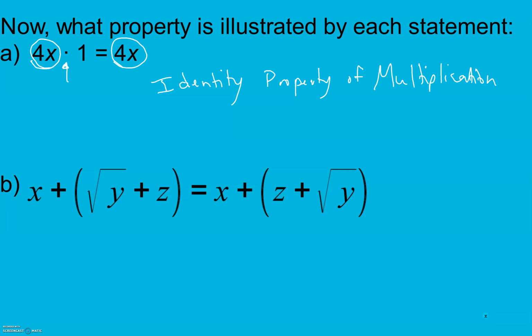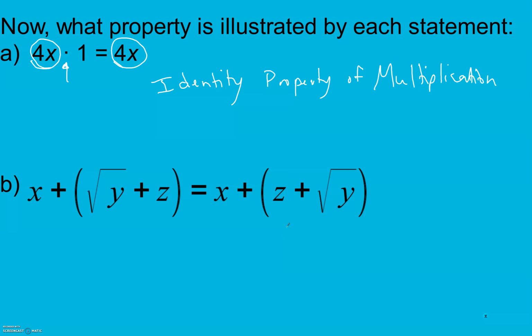In B, if we compare our pieces, I have an x on both, a square root of y in both, and a z in both. So here, I have all the same pieces, which means it's either commutative or associative. And now I check and see what changed. Well, inside my parentheses, I have a square root of y in both and a z in both.